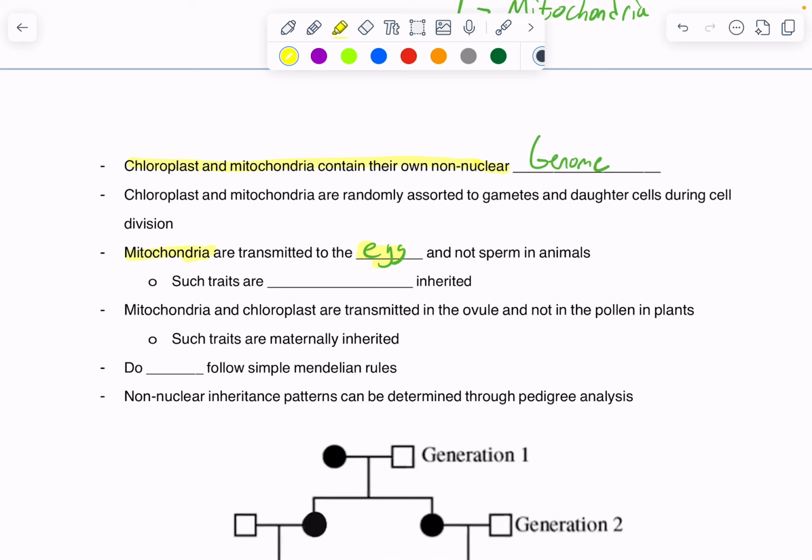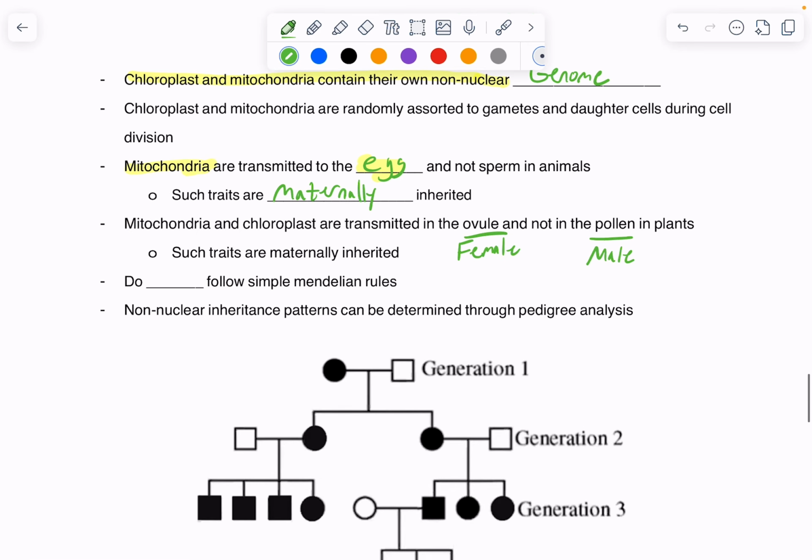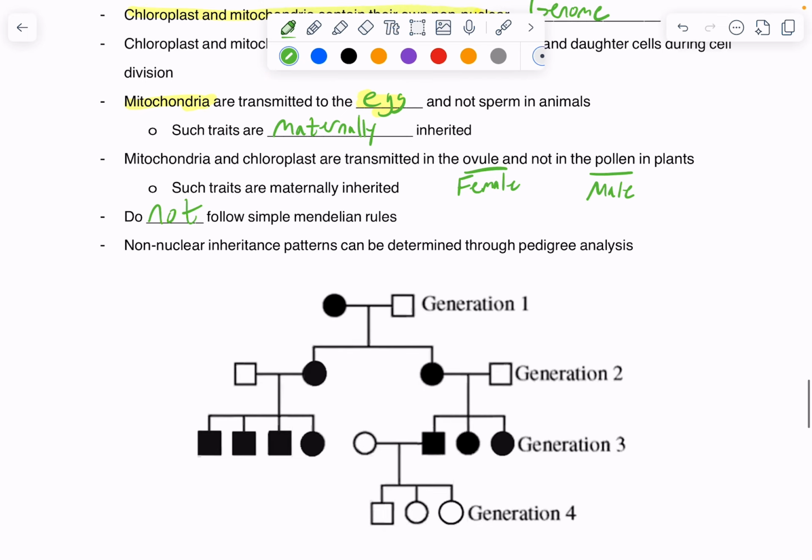What this means is that mom is passing on mitochondrial DNA, so we say that they are maternally inherited. Mitochondria and chloroplasts are transmitted in the ovule and not in the pollen in plants. Pollen is the male sex cell for plants, and the female is the ovule. These do not follow simple Mendelian rules.